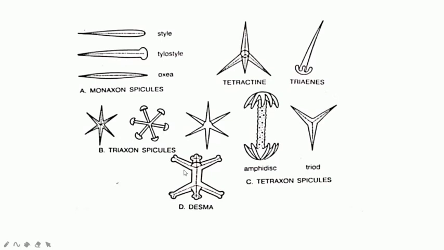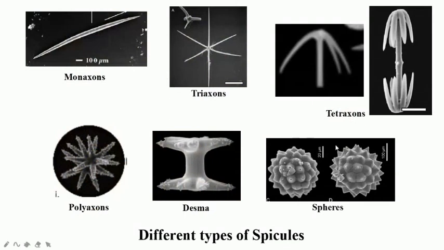And this one is the desma, a spicule where the deposition of silica takes place again and again, and that's why it has taken a more robust shape. The diagram of the spherical one was not in the book, so I have not taken it, but you can simply draw a spherical structure and make pointed structures, which are the spicules.